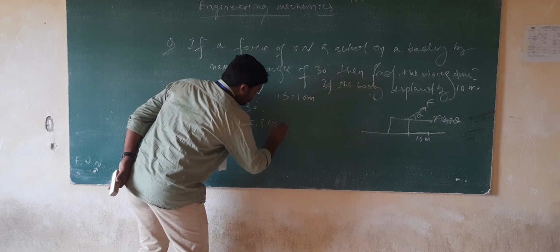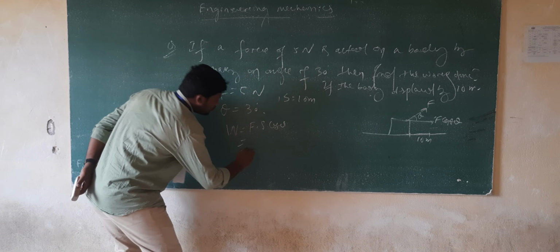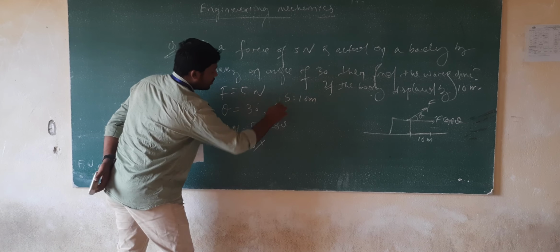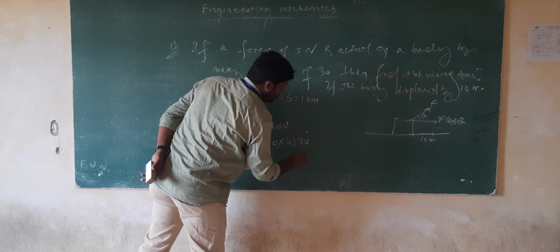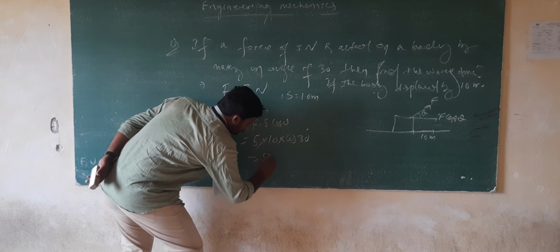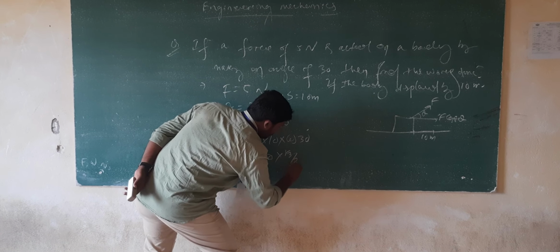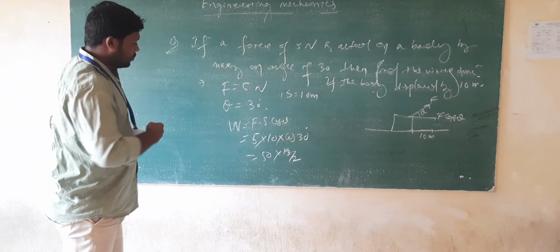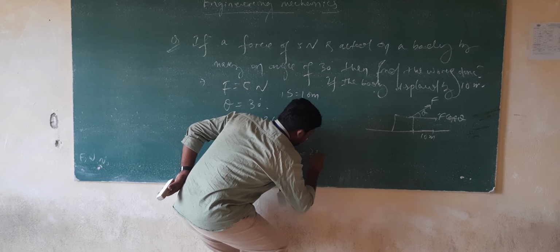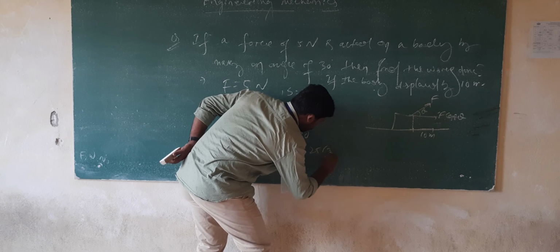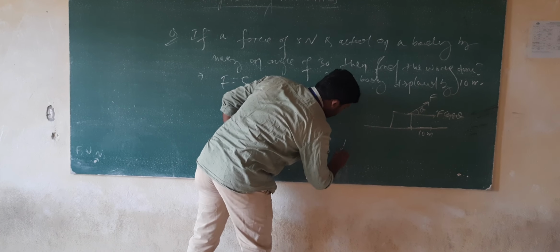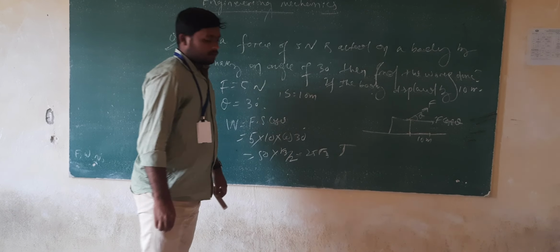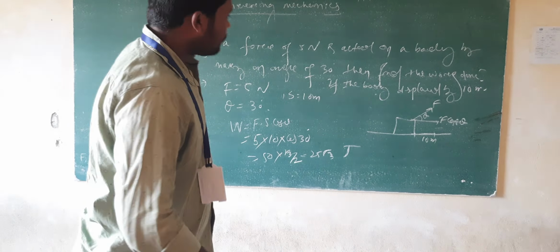F cos theta, force equal to 5 into displacement 10 into cos 30, equal to 50 into root 3 by 2, that is 25 root 3 joule. Okay.